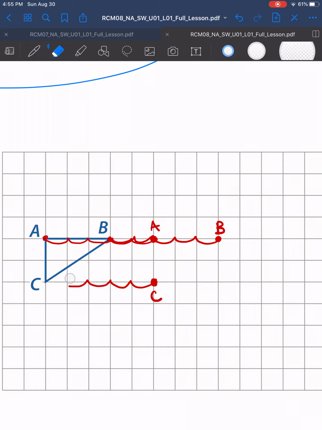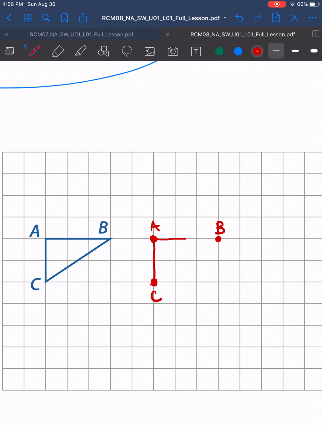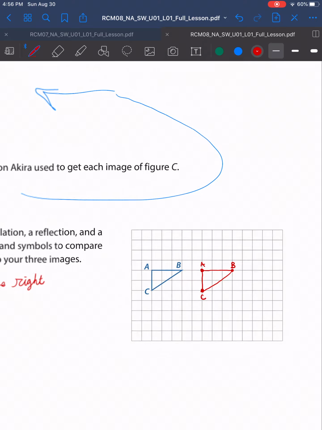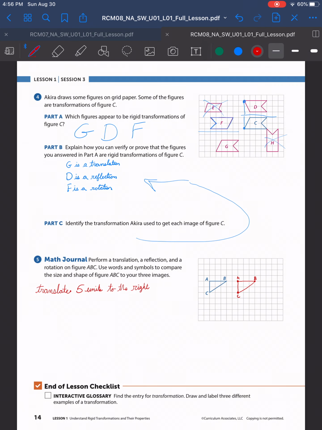I'm going to get rid of all my little jumps because that way we can see it clearly without erasing my dots, of course. Okay, now I'm just going to connect it. That is a slide, and more specifically, it's a slide that happened by taking ABC and moving it 5 units to the right.